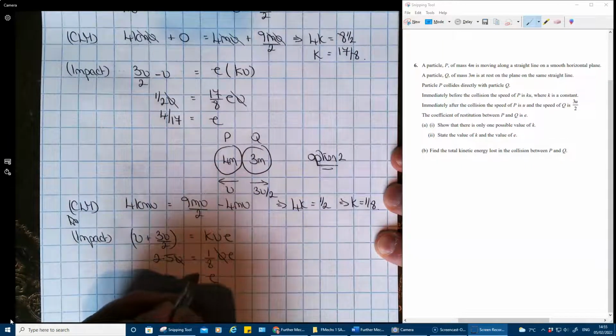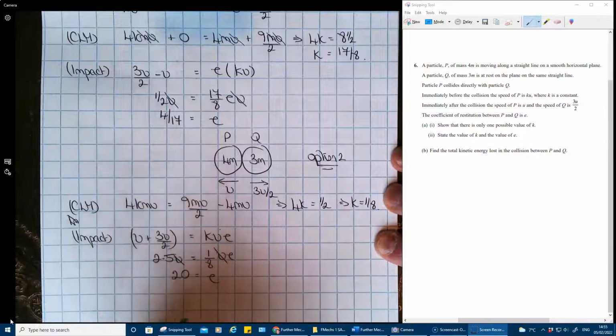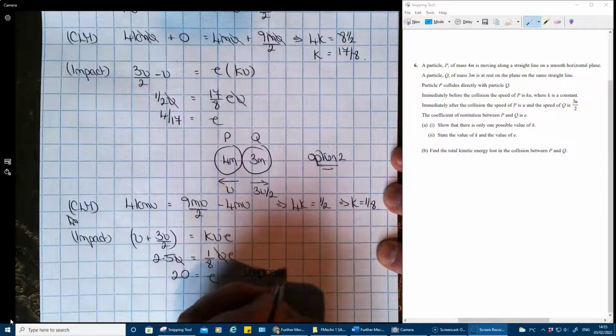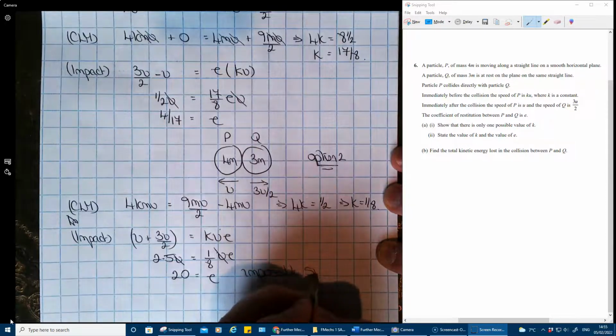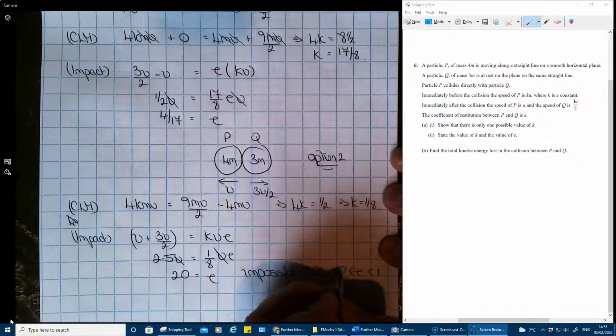So that gives e equals 2.5 over 1/8, which is 20. This is impossible, since e is between 0 and 1.